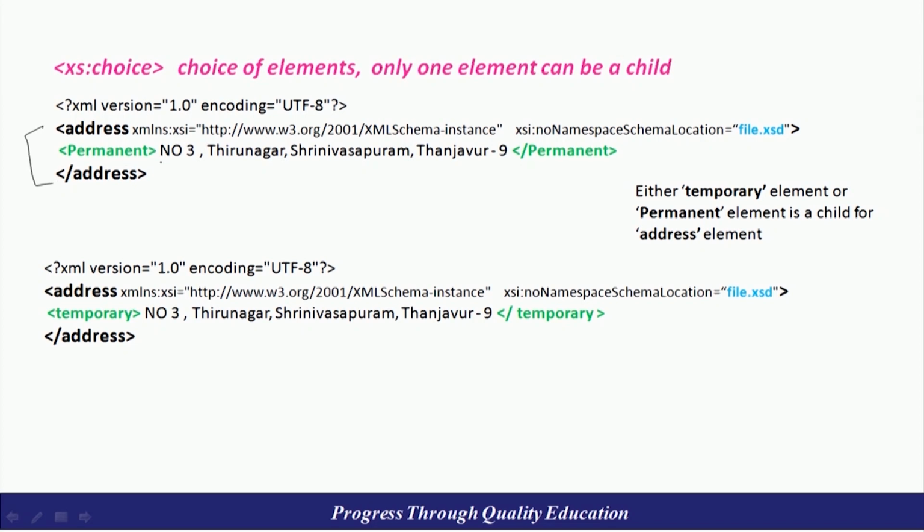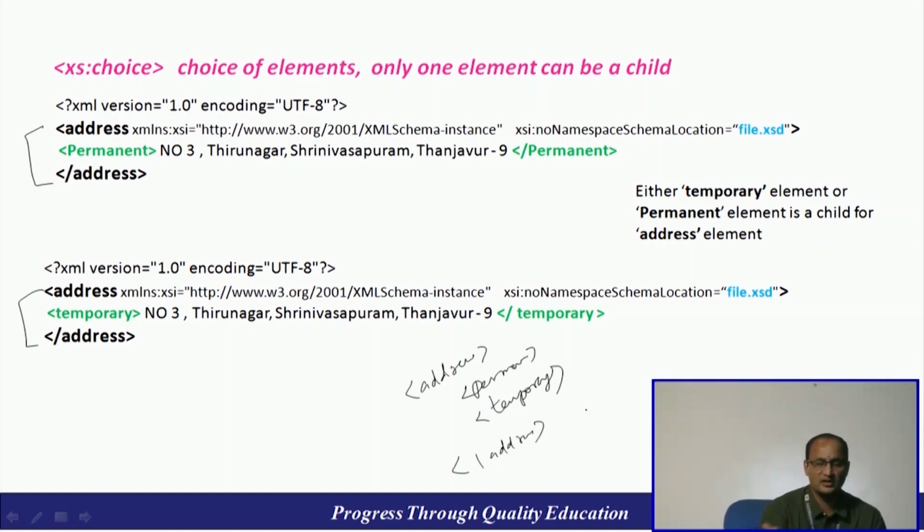First, I have given permanent address, and in the second one, I have given temporary address, which means the address cannot carry both permanent as well as temporary. It is not possible. So this is the way I can restrict the elements with the help of choice.